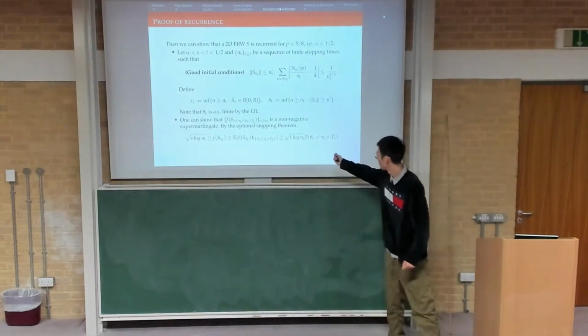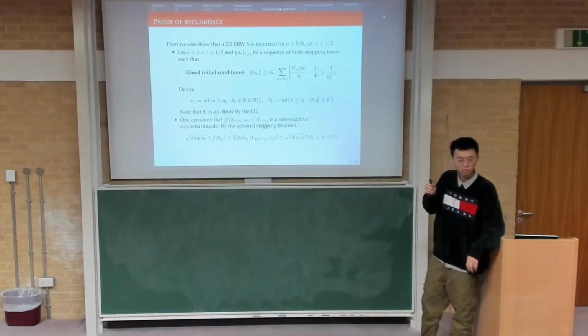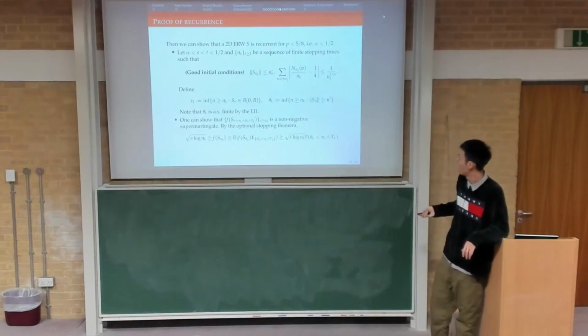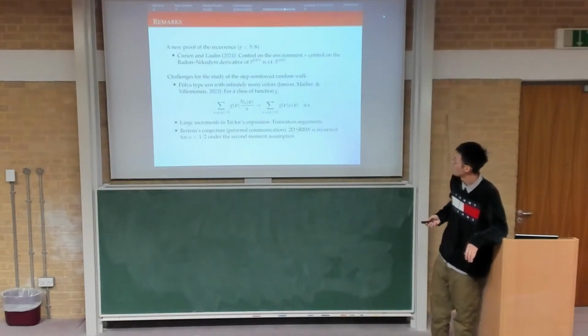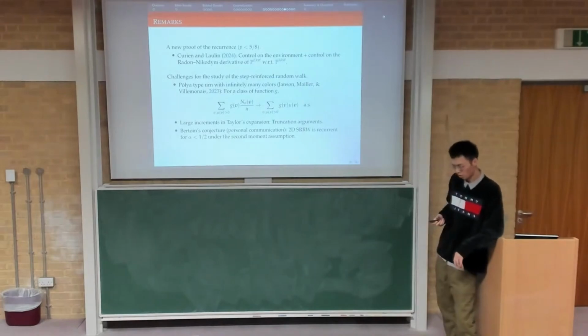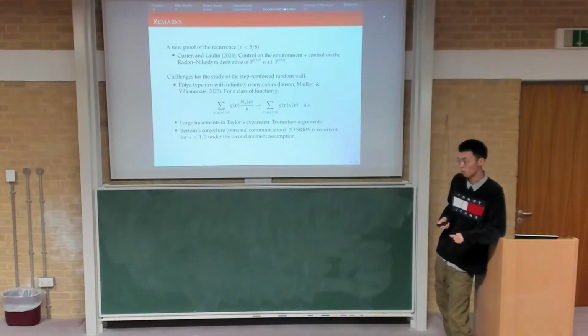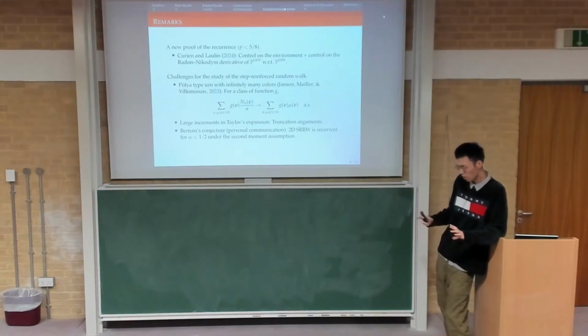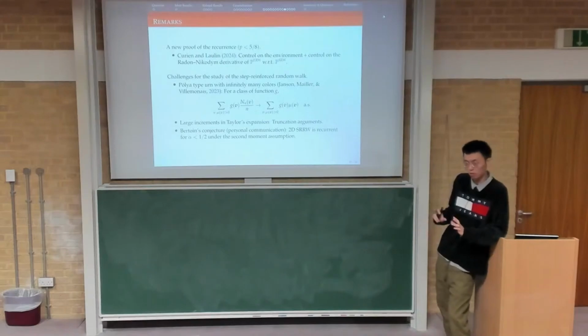then this probability is bounded by the square root of, okay, so I just want to mention that Curry and Rollin have given a new proof for the recurrence for p less than 5/8. But they also have some control on the path or on the environment, but they didn't use stochastic approximation.